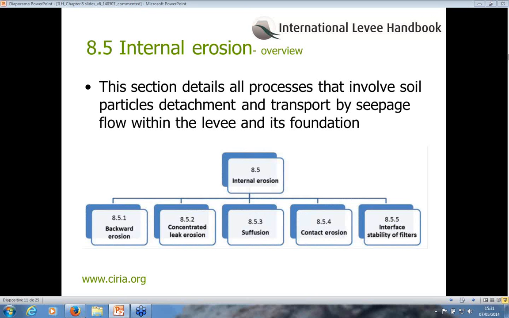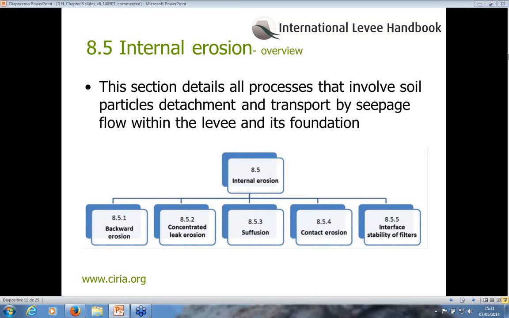For each erosion mechanism, the models and criteria to be used for the assessment of the different internal erosion mechanisms are given. The last section deals with the special issue of the stability of granular and geotextile filters.